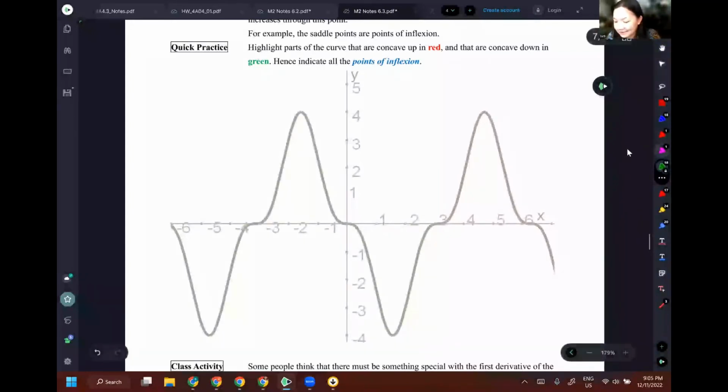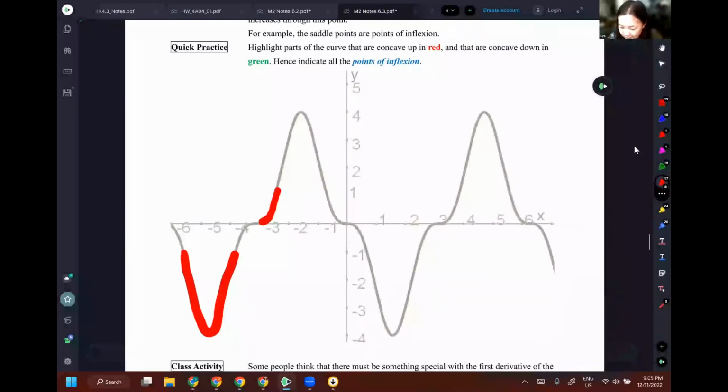This part in red, concave up. This part is concave up. This part is concave up. Concave up.